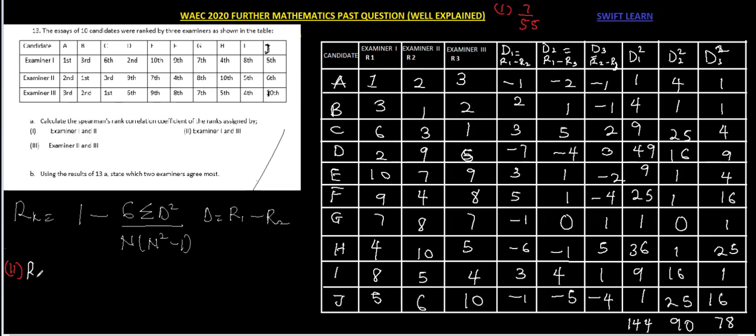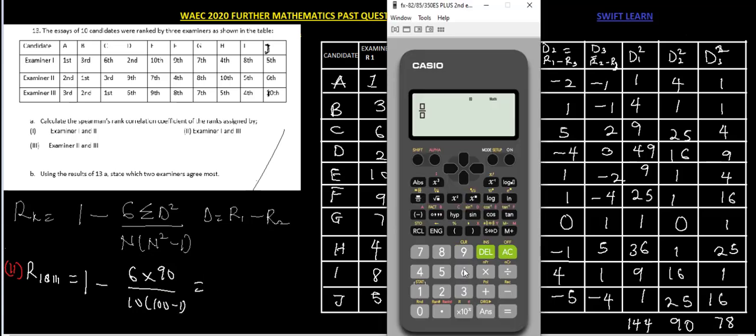Alright, so R1 and 3. What is that? That's 1 minus 6 times 90, right? Summation of d squared is 90, divided by the same 10, 100 minus 1. 6 times 90 divided by 10 bracket 100 minus 1.